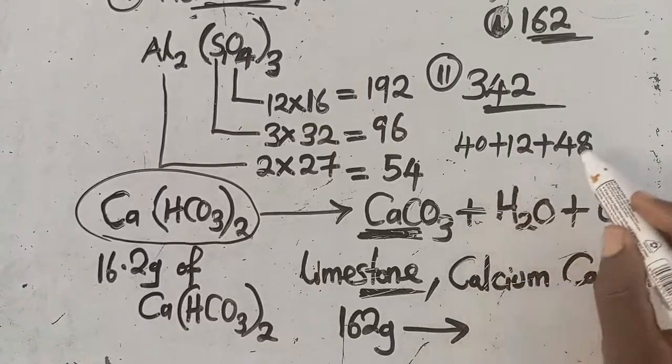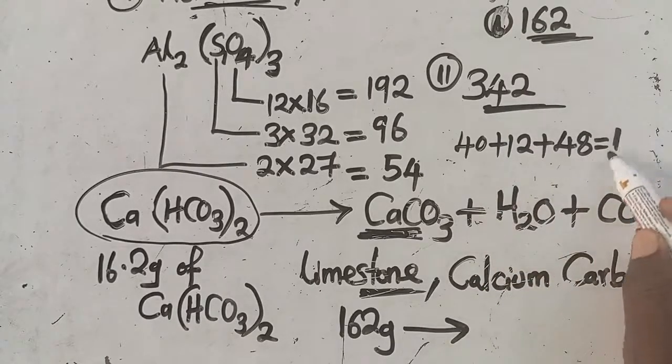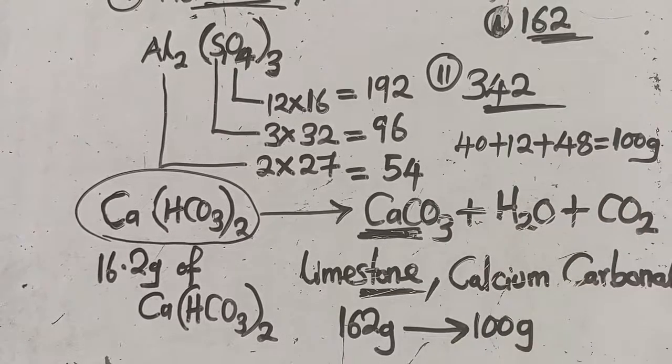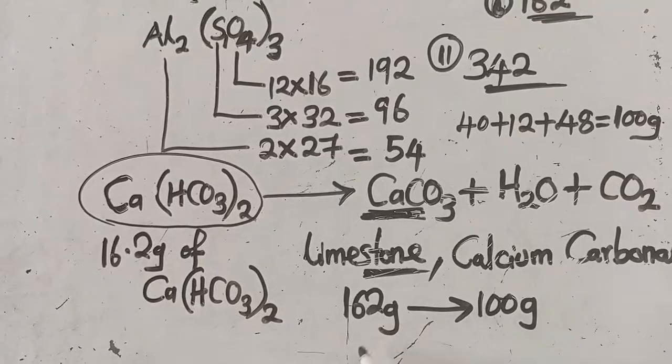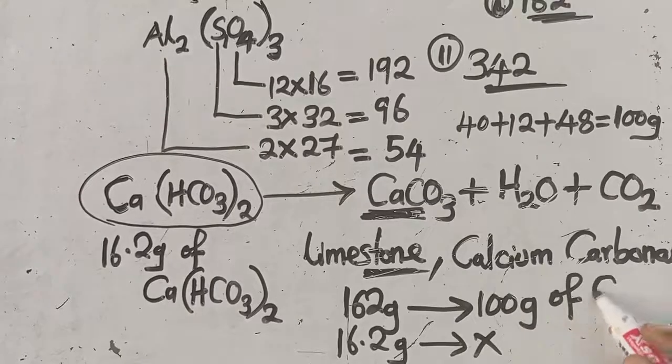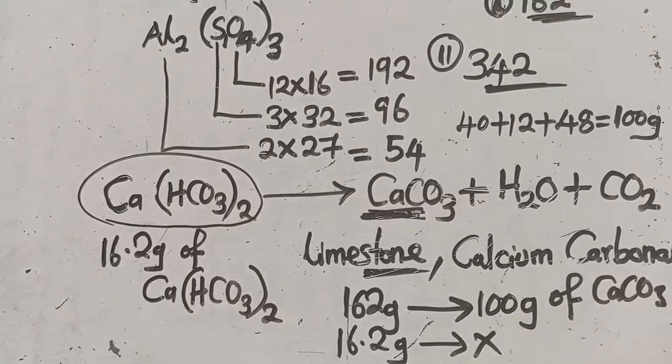When you add everything here, you get 100. So it's 100 grams. For this one, 16.2 grams is given in the question. I now equate it to X, for calcium carbonate. This one is for calcium hydrogen carbonate.